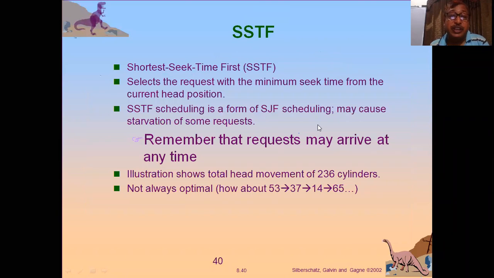One is SSTF, shortest seek time first. It sees that I have certain requests available and the head at a certain location. It sees which is the closest request, which will require the shortest seek time, and it will satisfy that request first instead of serving the requests in a particular order.